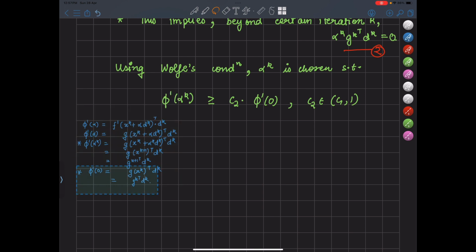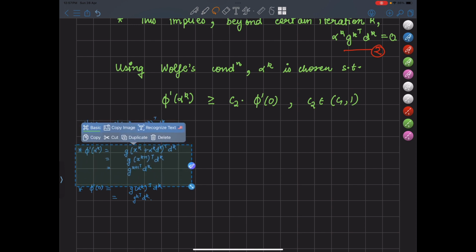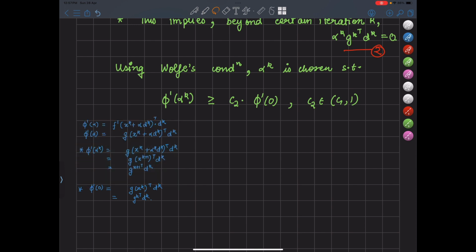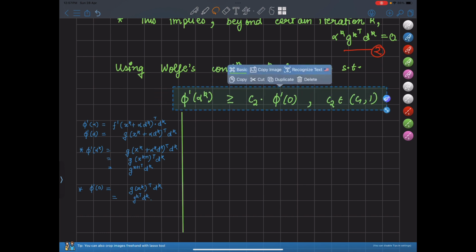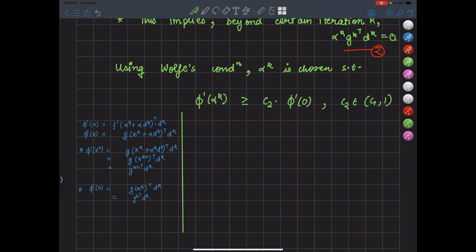So let's use these results here. I'll write it properly so that it's clearly visible. So phi dash alpha k is gk plus 1 transpose dk, greater than or equal to c2 times gk transpose dk.